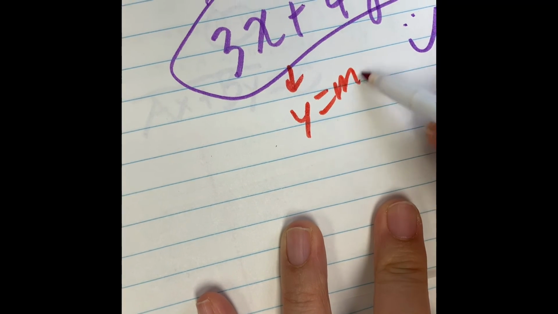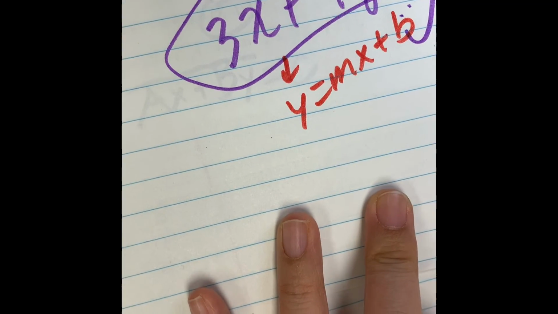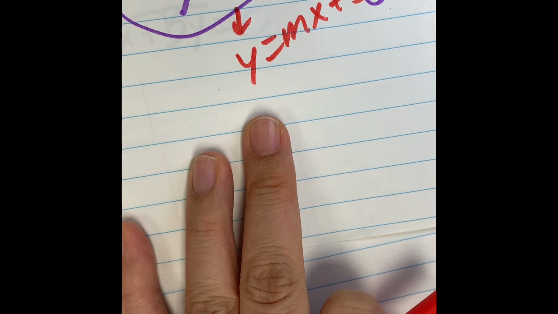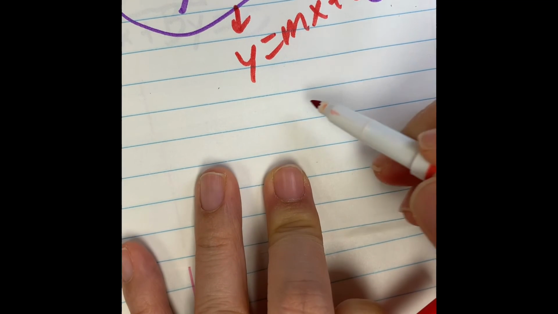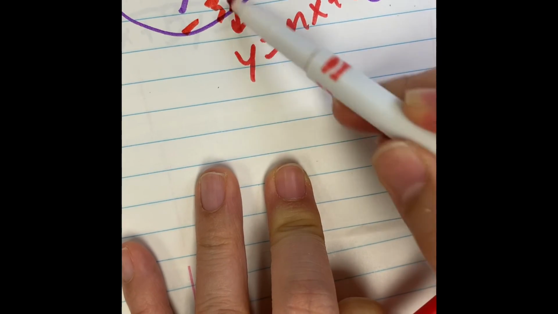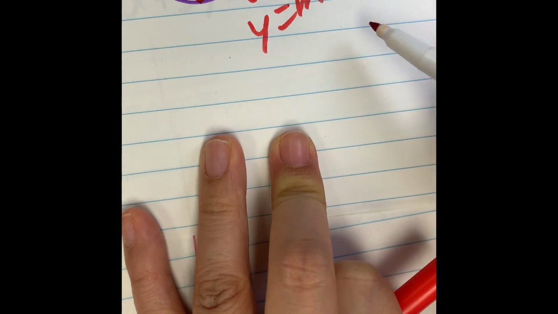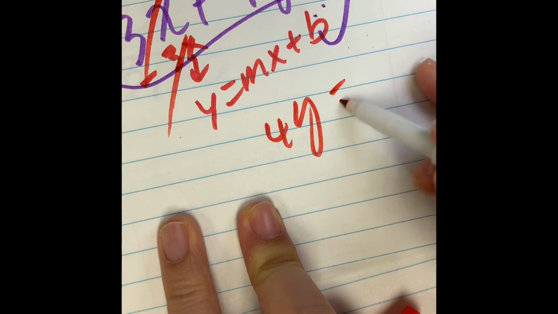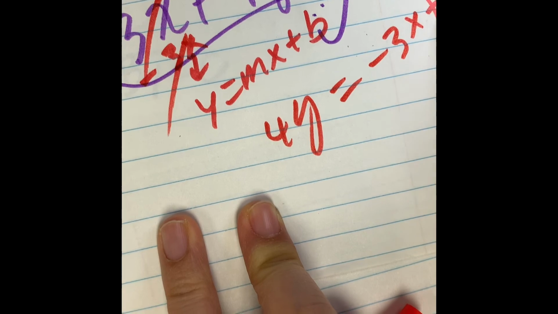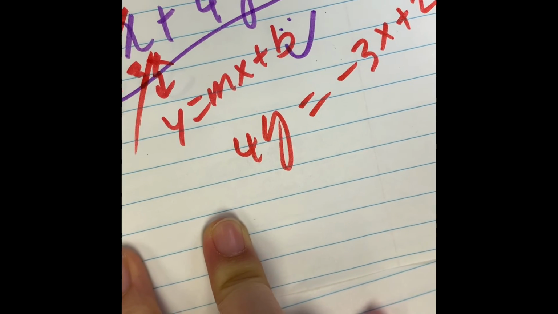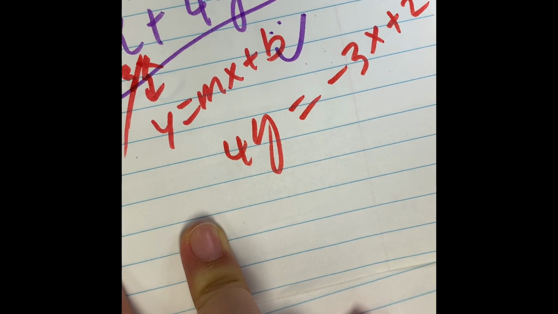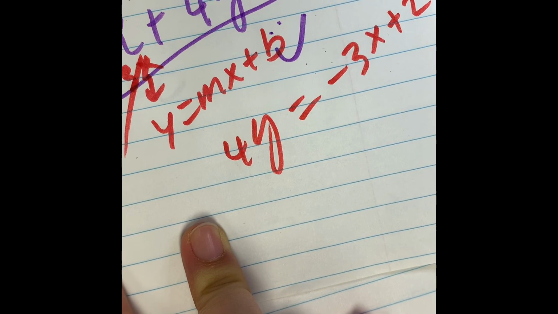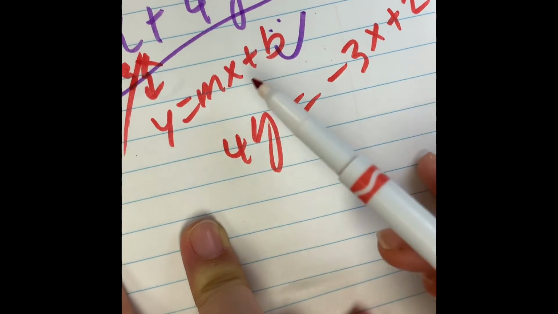We're actually not done. How do I make this form? So minus 3x. If you do minus 3x, you will have 4y equals negative 3x plus 2. And then what do I do? I want to see a single y.